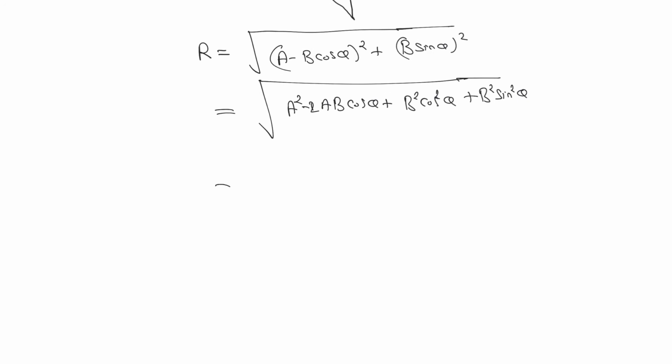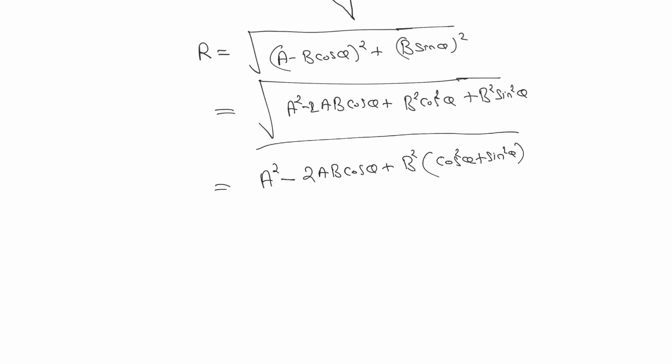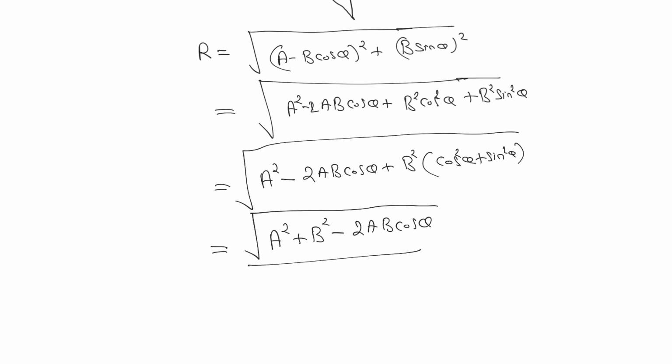We can modify it as a square minus 2ab cos theta plus, taking b square common, the remaining thing is cos square theta plus sin square theta. And we know that cos square theta plus sin square theta is 1. So this is going to be a square plus b square minus 2ab cos theta. We get the same result as we already discussed using the triangle law of vector addition.